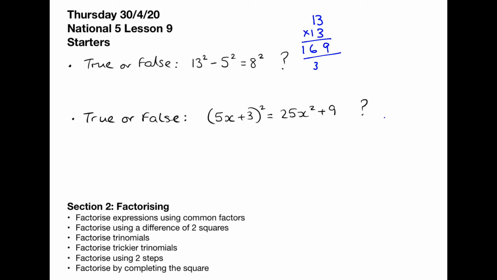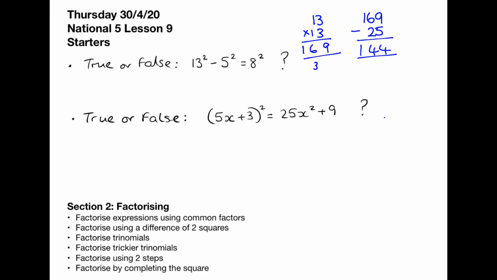Okay, we know that 5 squared is 25. And let's see what 13 squared take away 5 squared is. Well, 9 take away 5 is 4, 6 take away 2 is also 4, and then 1 take away nothing, 144. So the question is, is 13 squared take away 5 squared equal to 8 squared?